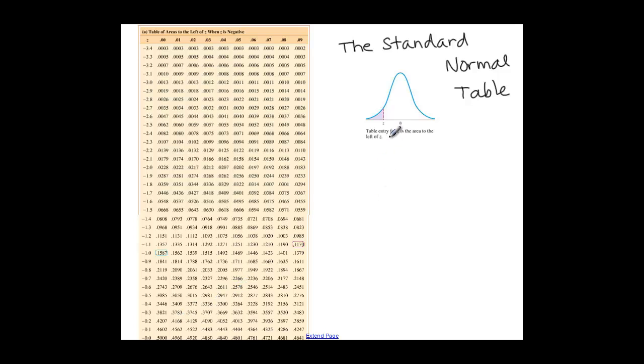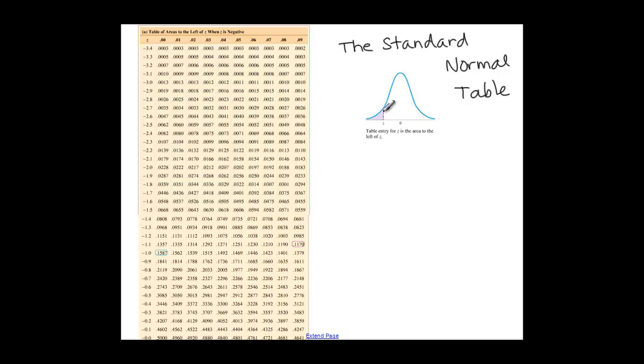Make sure that you realize that the table entry is the area to the left of the z-score. So it's the area under the curve, but to the left of the z-score, always.